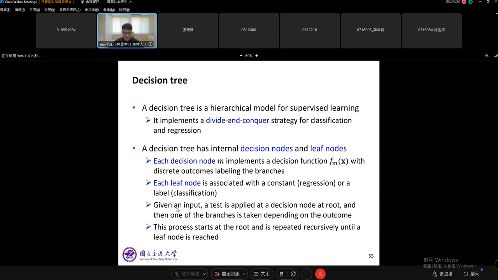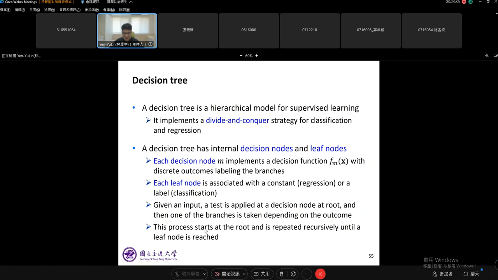Given an input data point, a test is applied at the decision node at the root. For a testing data point, we feed this data point into the root of this decision tree. We know that the root of the decision tree is a decision node, so we can determine which branch is taken depending on the decision function.